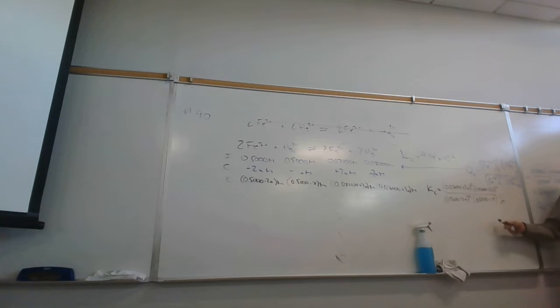The reason it fails is because we assume 2x is small compared to 0.03000, and 2x is small compared to 0.5000, and x is small compared to 0.5000. If we assume that all the changes are very small, then we can't solve for x because x disappears from the equation. So the simplifying assumption fails because there's no longer any x to solve for. Does that make sense?